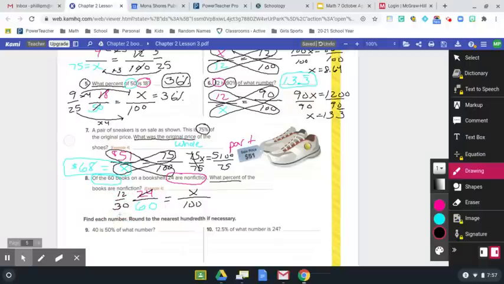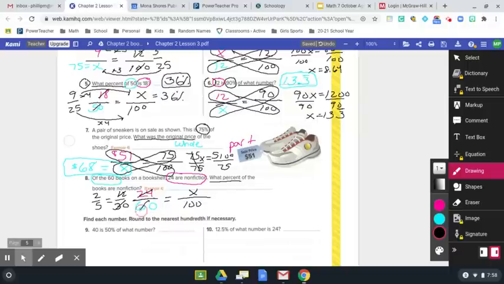I can actually still simplify a little bit more. So let's see, we could divide by 6. This would give me 2. And if I divide 30 by 6, this is going to give me 5. Okay, now I see it.